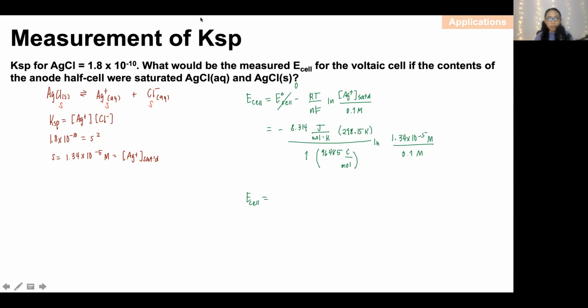So we get a value of 0.2291 volt. So that will be the value that your voltmeter will give for this concentration cell.